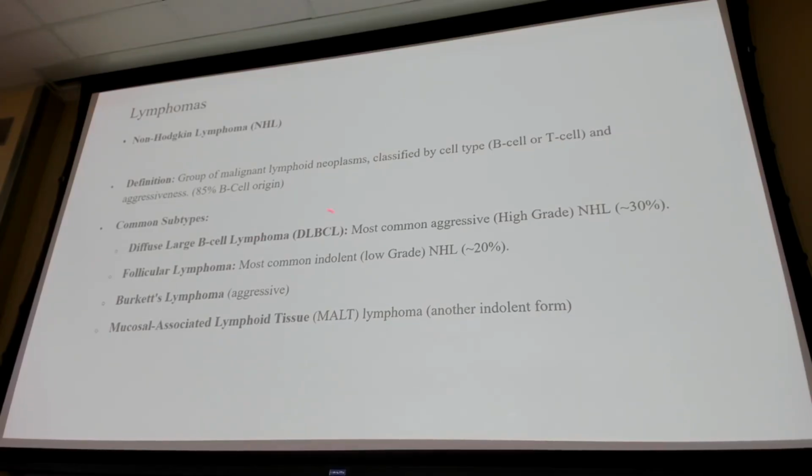That Richter transformation would result in a diffuse large B cell lymphoma. These are aggressive. These are just some other ones. Follicular, more indolent. Burkitt's we'll talk about specifically, and then MALT we'll talk about specifically. But again, subtypes of non-Hodgkin's.